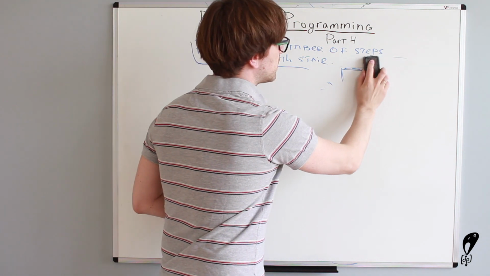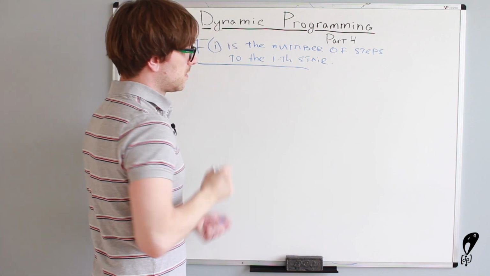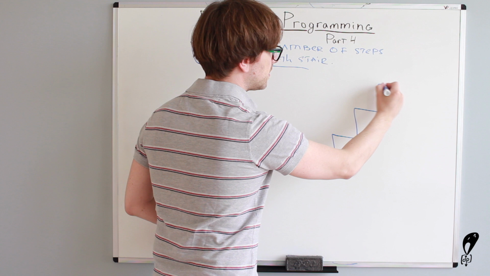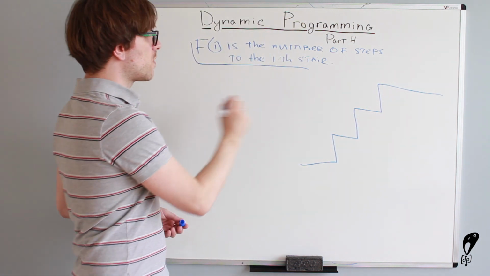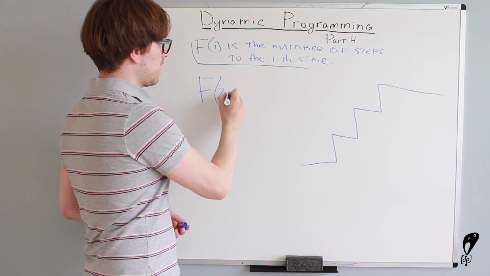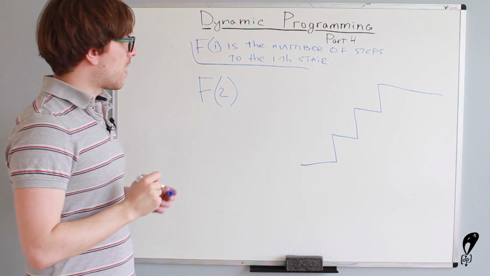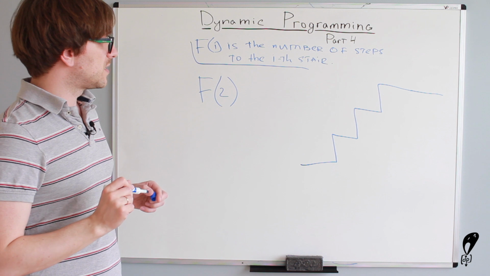Let me clear this and I'll do it from scratch. So let's say this is our staircase, and that's good enough. And we want to solve the problem when we only have 2 stairs, right? So how many distinct ways are there to get to the second stair?